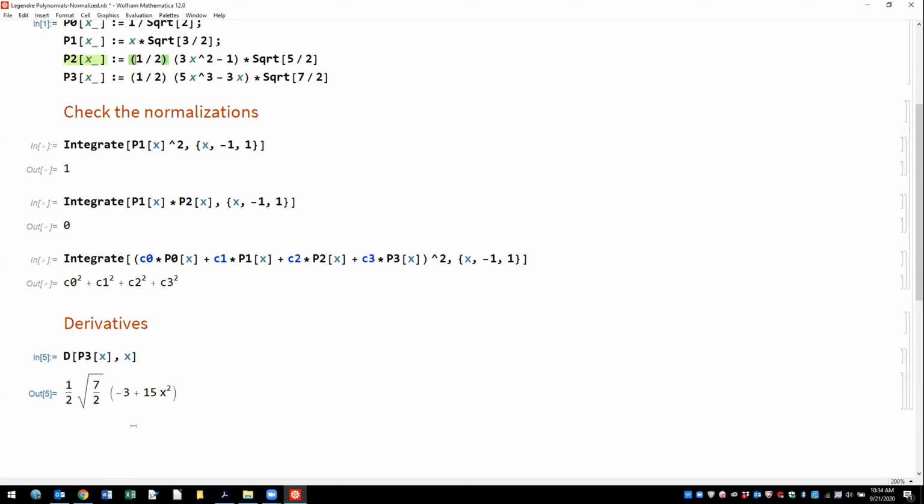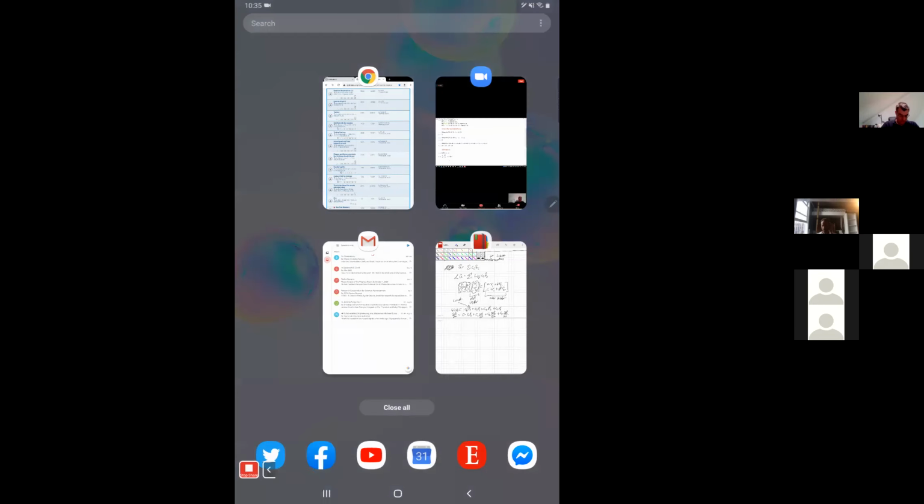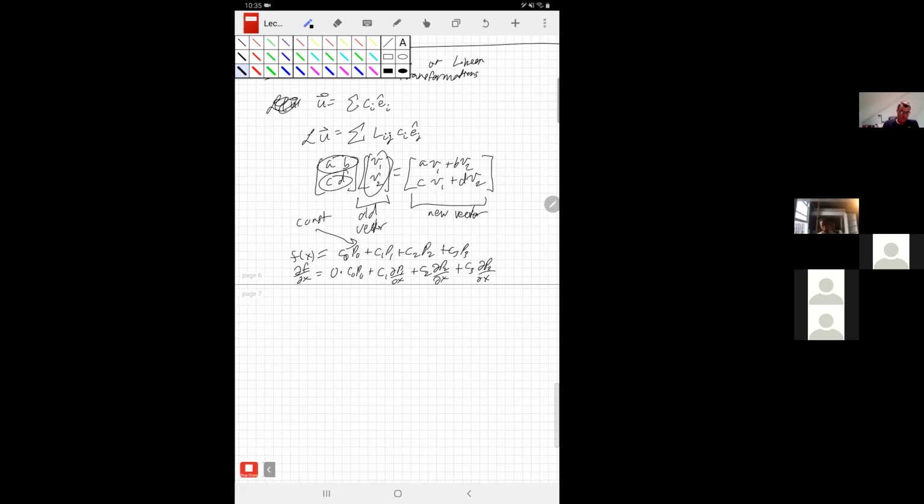Let's figure out what that is. All right, let's figure out how to break that into pieces. We know that any vector can be written as the sum of v dot e hat j e hat j.